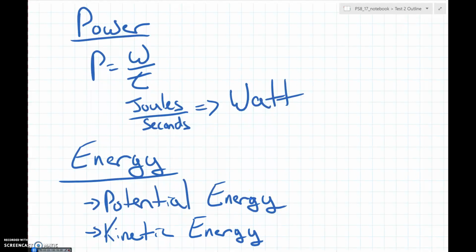Those are G's, those are Y's, potential and kinetic energy. And if you can help my friend Pete diagram where his potential energy is the greatest and where his kinetic energy is the greatest on this swing, then you should be fine with your understanding of potential and kinetic energy for our test.